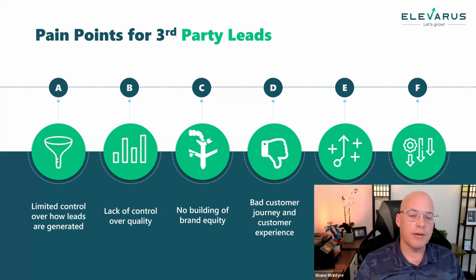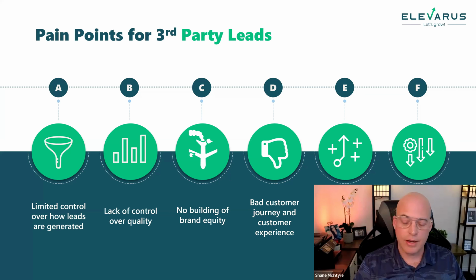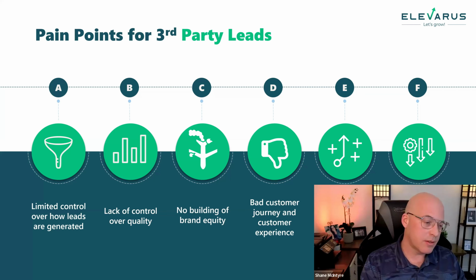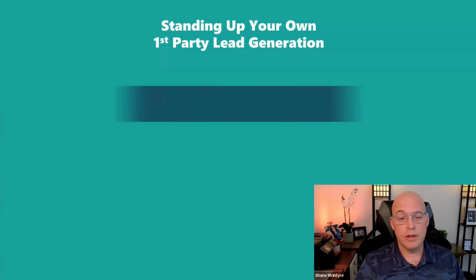You, as the end buyer of the lead, don't really realize that. You just know you have a bunch of low quality leads that are coming through the platform. So that's a big problem with third-party leads, is having control over the creative copy and targeting that's being presented to your audience. So a lot of big problems in the third-party lead generation world.